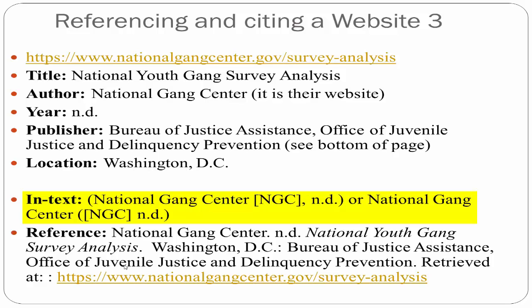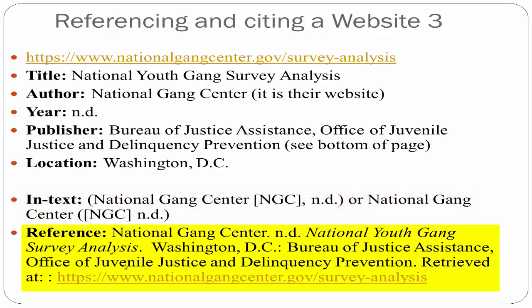Because you have the parenthetical citation with National Gang Center in that citation, you have a comma after the acronym. Then you have the National Gang Center that is outside the parenthetical, so then you don't need the comma following the bracketed acronym. And then here you can see how the reference should look.